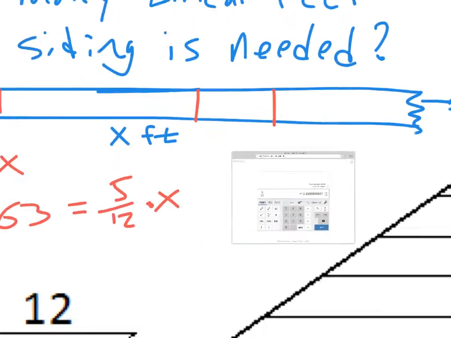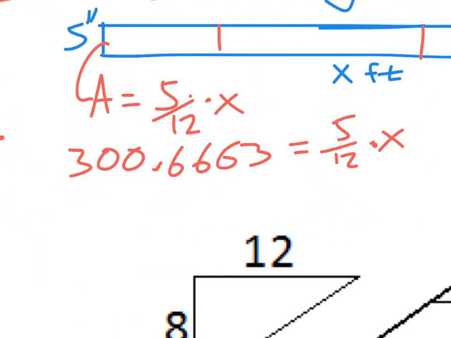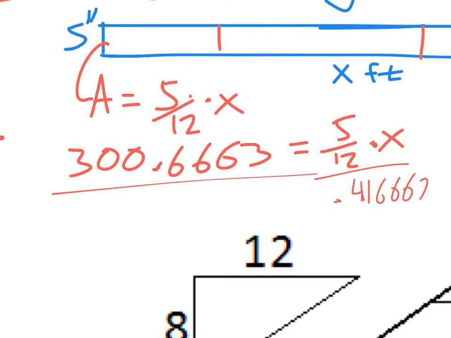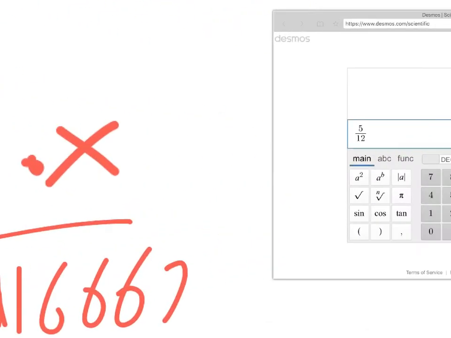So we want to divide 300 by 0.416, because that's just 5/12. All right, so let's take 300 divided by that, and we'll have our answer.